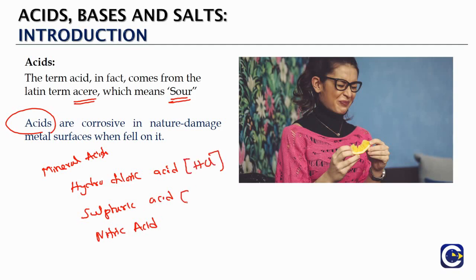Hydrochloric acid is HCl, sulfuric acid is H2SO4. We are going to study all of them later, but just to give you clarity on what a mineral acid is: mineral acids are basically the acids that are prepared from minerals. So hydrochloric acid, sulfuric acid, nitric acid are some of the common mineral acids. These acids are highly corrosive, meaning when they fall on a metal surface, they will damage the metal surface, and that is another property of acids.